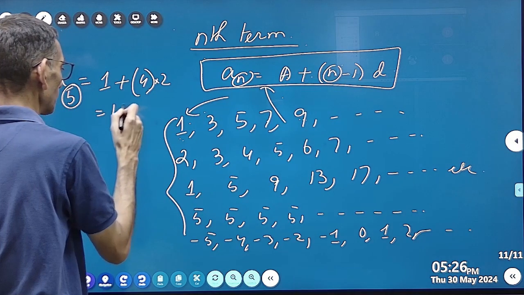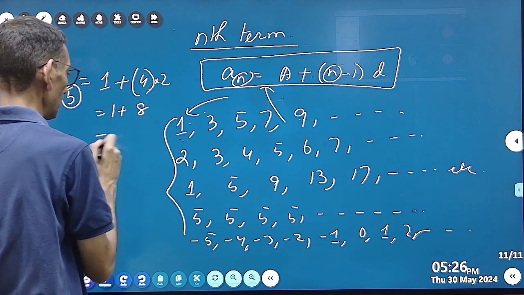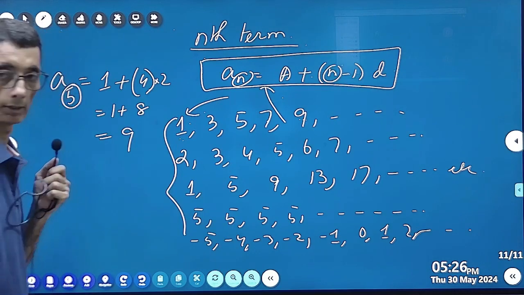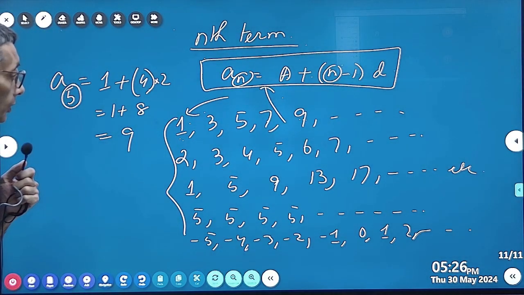So 1 plus 4 into 2 is 8, 8 plus 1 equals 9. So that's the fifth term.